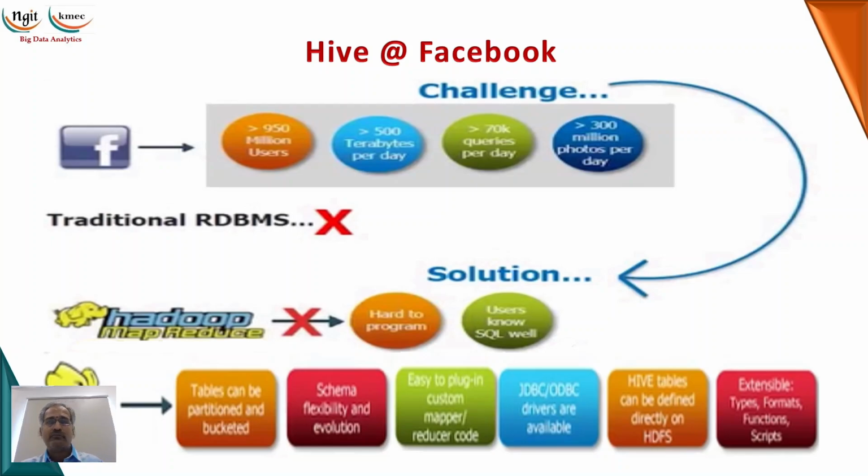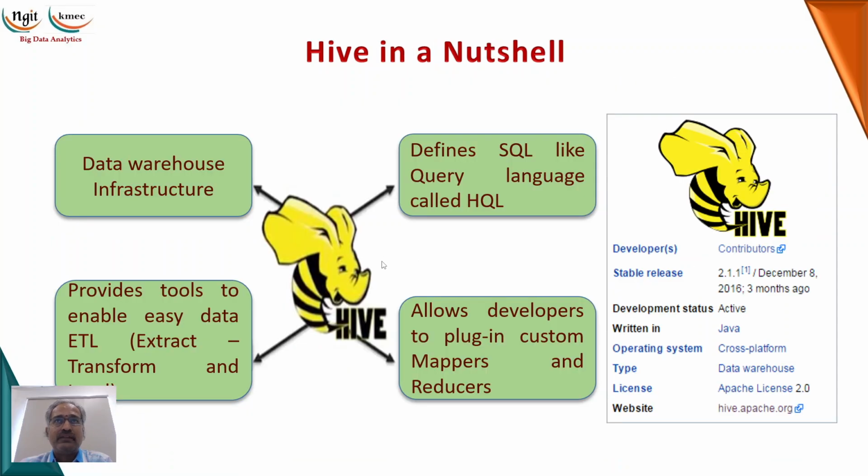So what they did is introduce a top layer on top of MapReduce. It gives an abstract layer which provides you an SQL-like environment to access the data available in the HDFS.